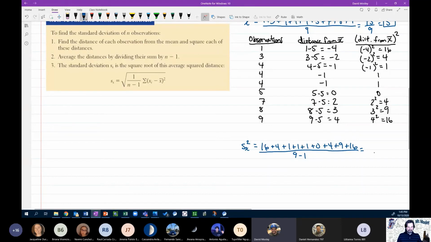That lands us at 52, divided by 8, which is 6.5. That number is the variance.